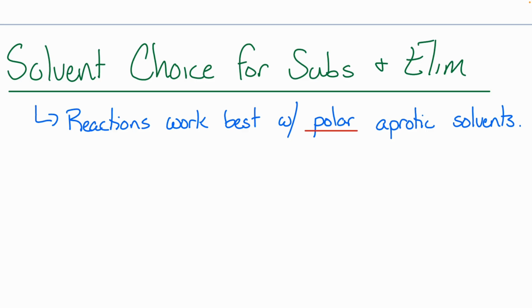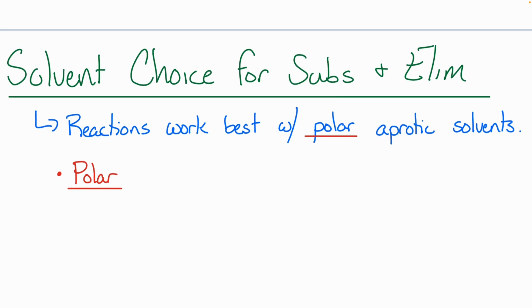So polar we've talked a bunch about, right? We've learned how to spot polar versus non-polar molecules. We even went so far as to put them on a sliding scale to talk about things that are technically polar, but only weakly polar, et cetera. So first of all, why do I need a polar solvent? Well, because of my nucleophile.